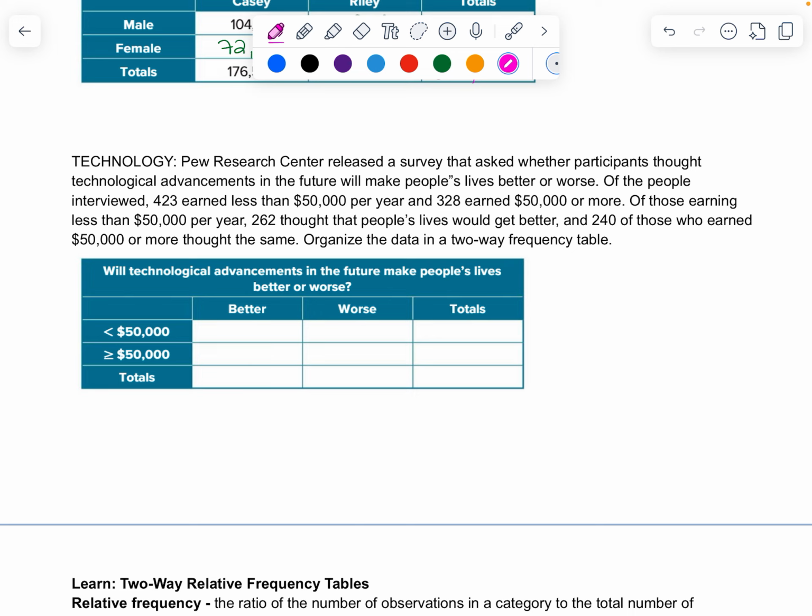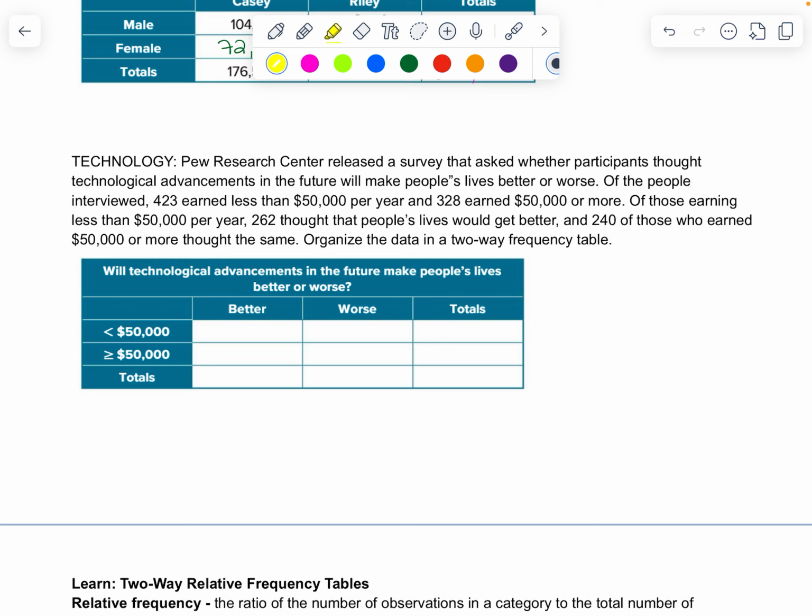Of those earning less than $50,000 per year, 262 thought that people's lives would get better, and 240 of those who earned $50,000 or more thought the same. Organize the data.